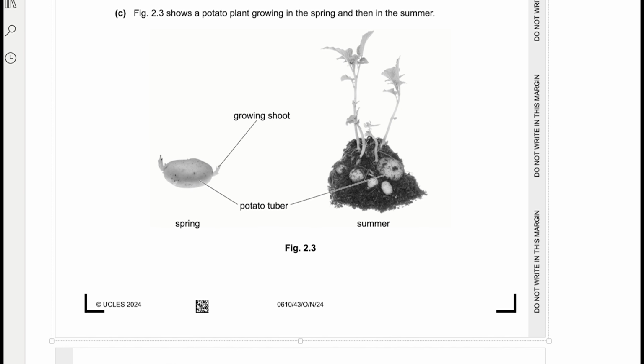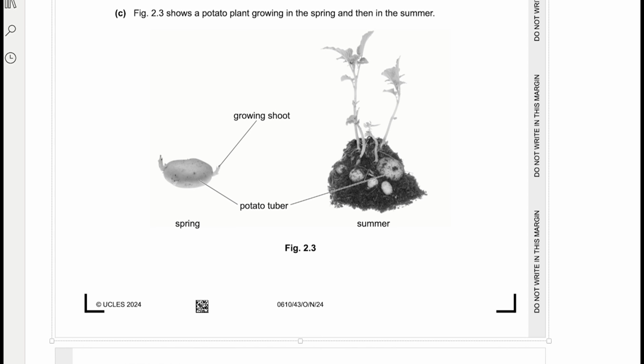Alright, so if you go back to the diagram here, we can see during spring, the growing shoot is coming from what? From the potato tuber. So it is actually that the tuber is acting as a source here. It is acting as a source, providing a substance needed for growth by the what? By the shoot.